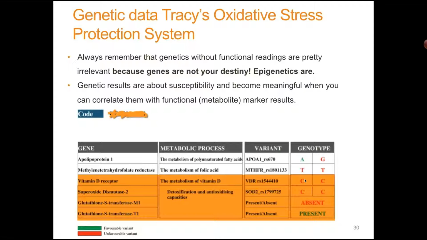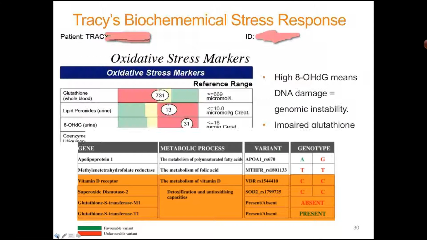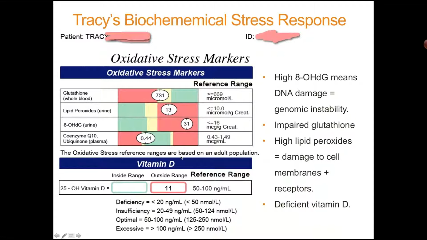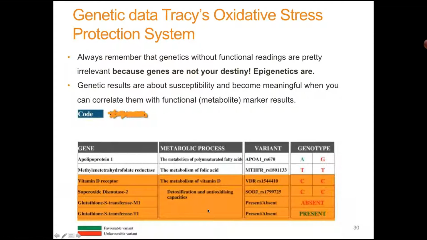So in general, taking into account this conglomerate of nutrients and molecules that protect you from environmental insults and oxidative stress, like vitamin D, superoxide dismutase, and glutathione, she's not very well equipped to deal with oxidative stress, which may be why she's got that kind of oxidative picture that she has. She's in her early 50s, I think 53. So again, it's the kind of age where if something's going to crack, it starts cracking.